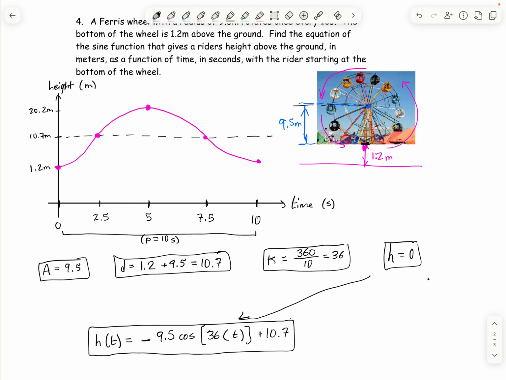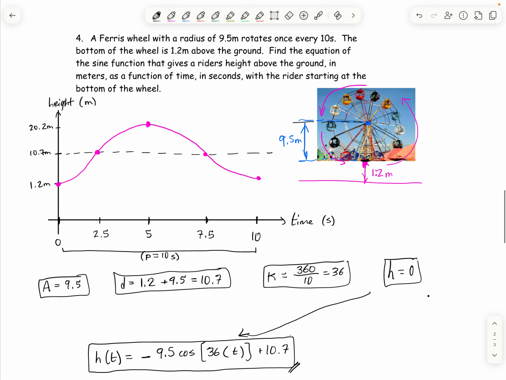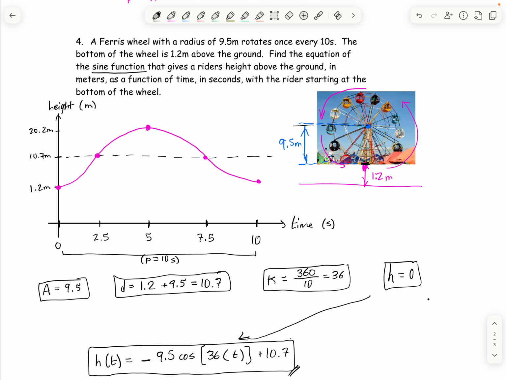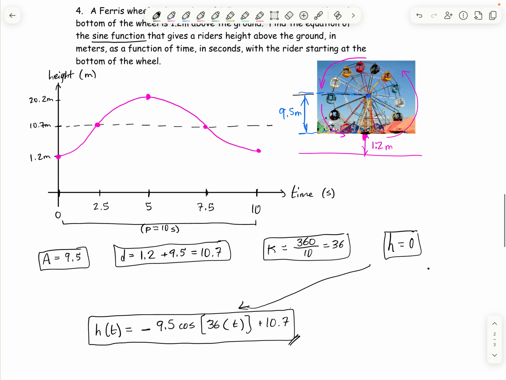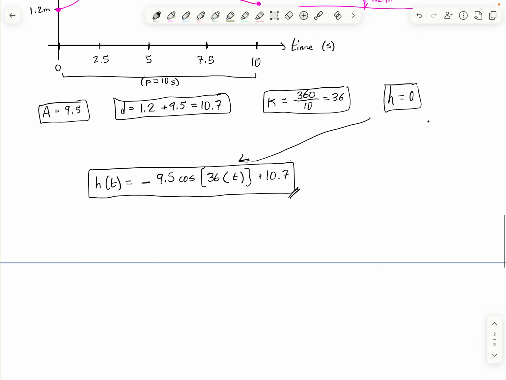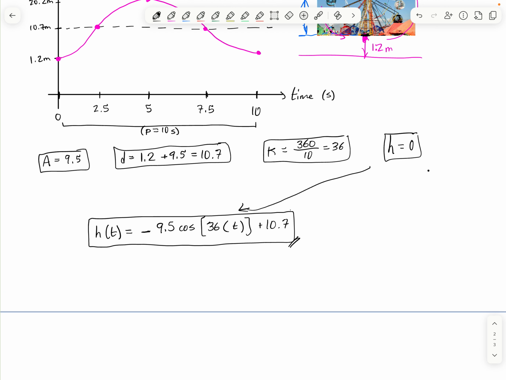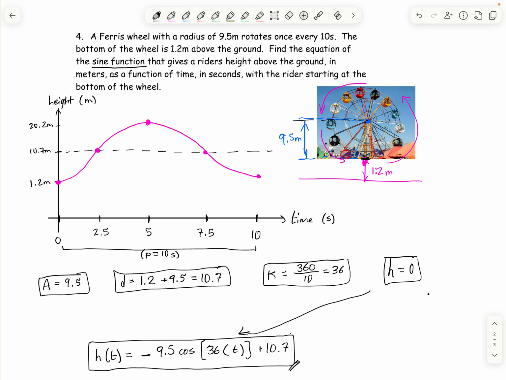Okay, right there. All right, very good. Oh, one thing though, I just realized this question is asking for a sine function. So this would be the natural cosine function, which works perfectly. So let's convert it into a sine form. A sine curve normally starts at the middle right here, and then it goes up.